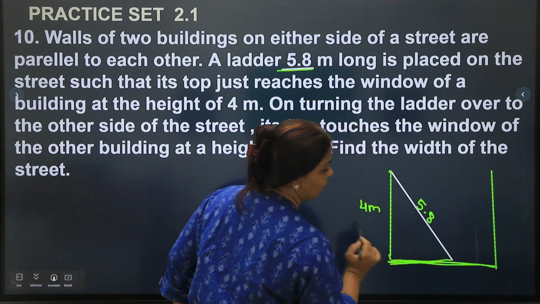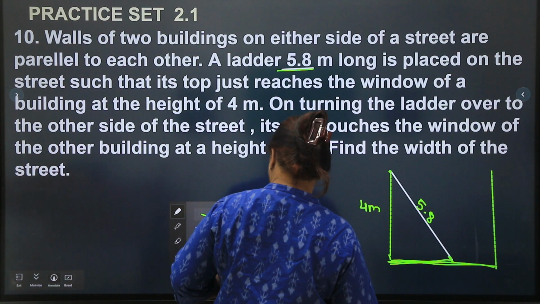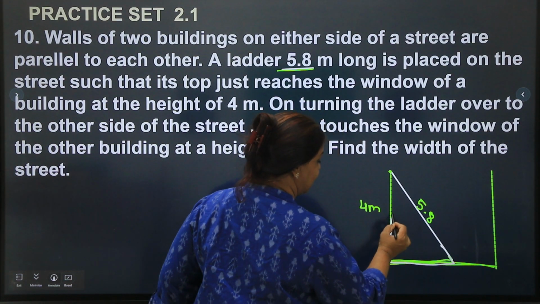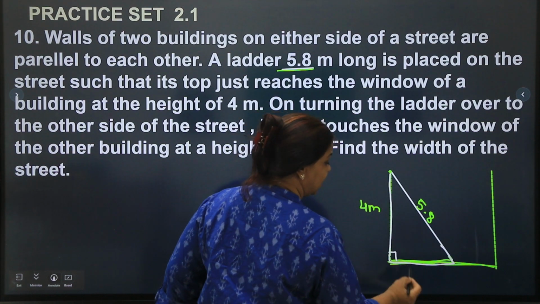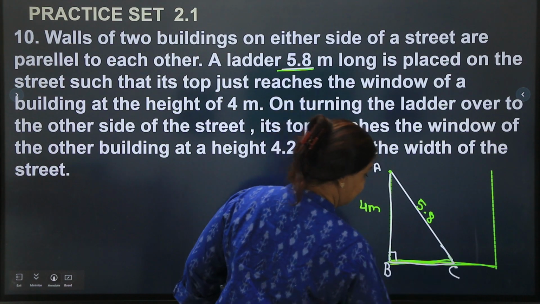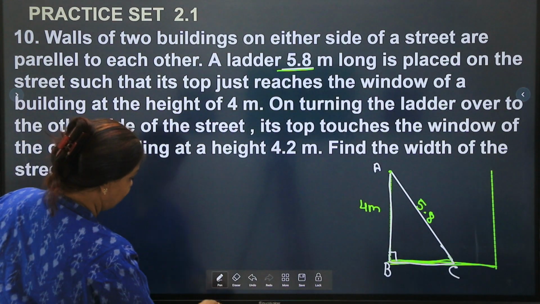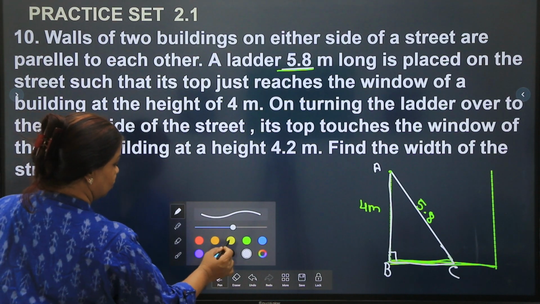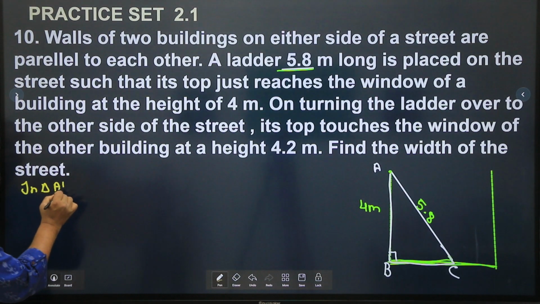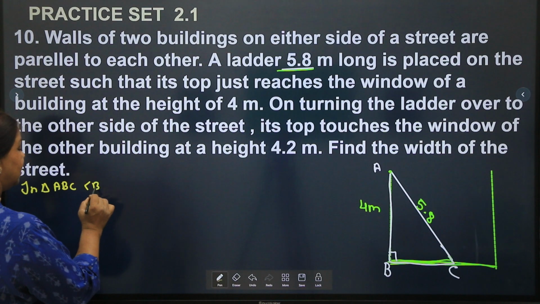Fine. So if you go to see, children, when the ladder is placed, you get a triangle here. It is 90 degrees. Label it as A, B, C. Clear? And by Pythagoras theorem you can find out. So in triangle ABC, angle B is 90 degrees.